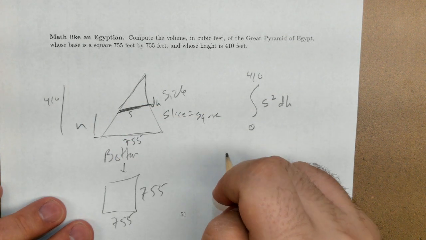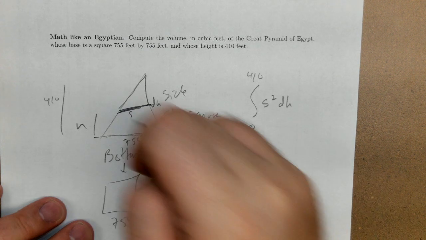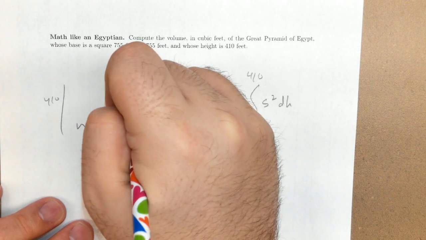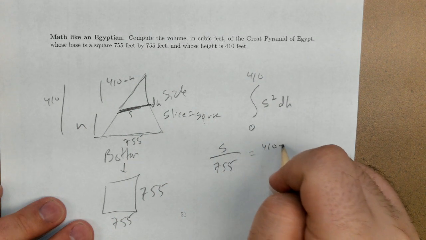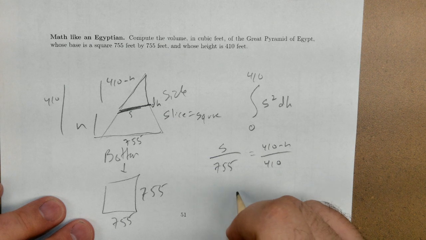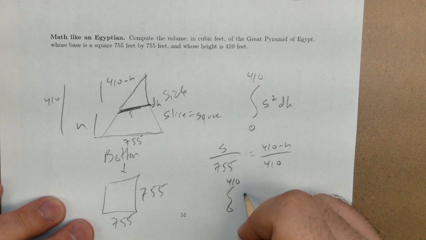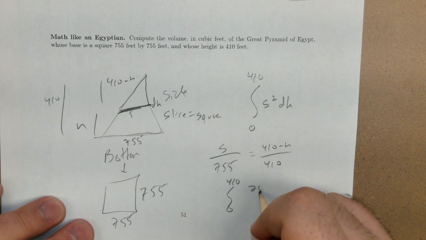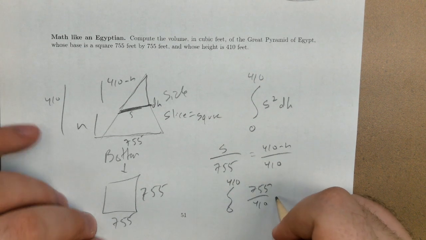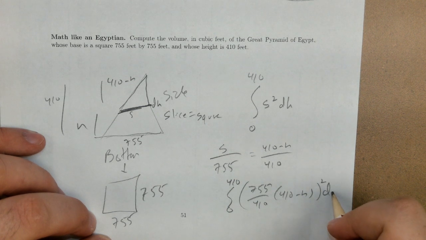So that tells you that s over 755 compares to 410 minus h, because that's the top here, over 410. So if I solve for s, I want to integrate this crazy thing. 755 over 410, 410 minus h, all of that squared dh.